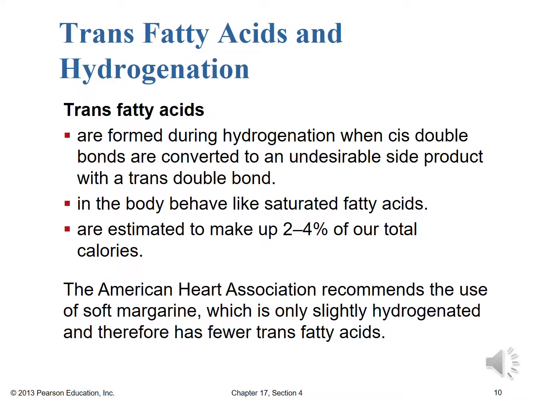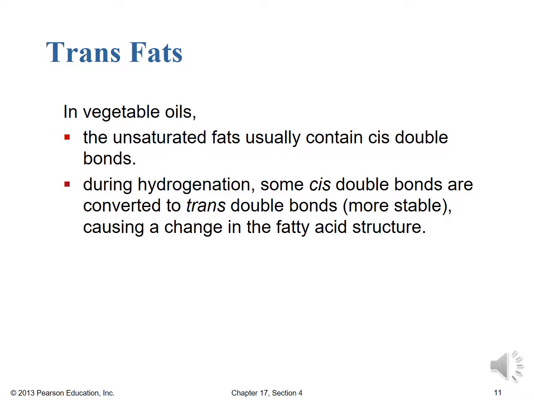And then if you're consuming a lot of that, you're going to be talking about more than that 2 to 4% of the total calories that most of us would consume with minimal trans fats by trying to avoid things that would have trans fats present. Now, in the vegetable oils themselves, as we said, the unsaturated fats usually contain cis double bonds.